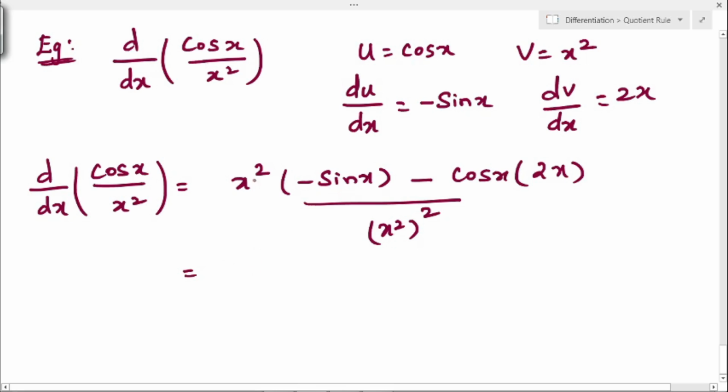So simplify this. First term is minus sin x into x², so that is minus x² sin x, and here also we have minus 2x cos x, divided by (x²) the whole square, that is nothing but x to the power 4.